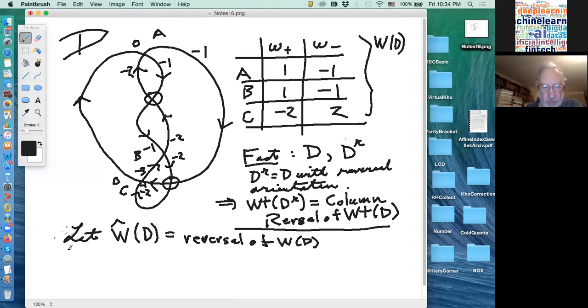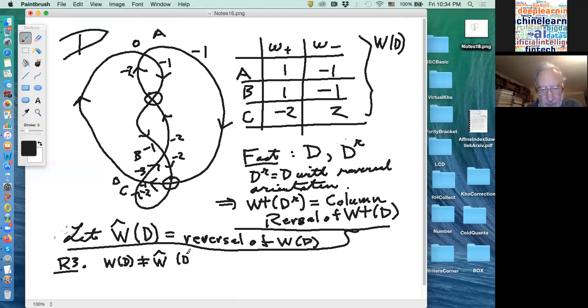Now, if you do R3, then W of D not equal to W hat of D is preserved. Right? Definitely preserved, no problem, because it's the same, right?